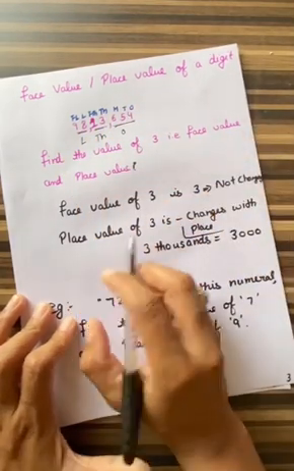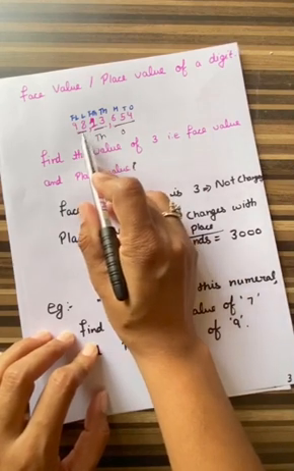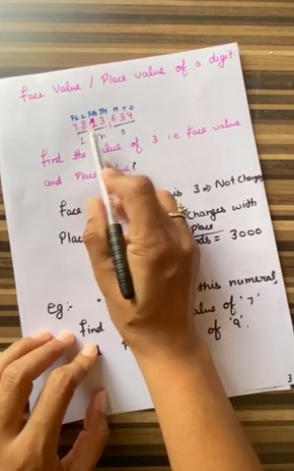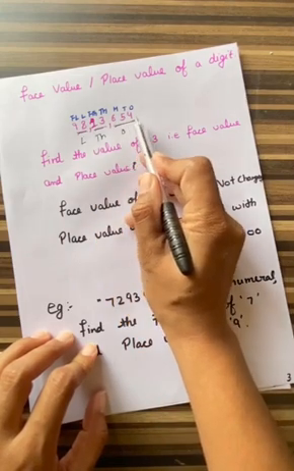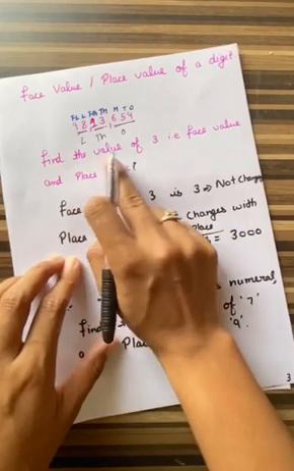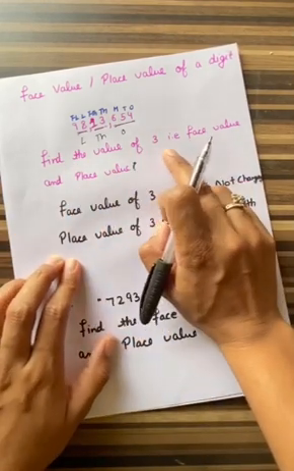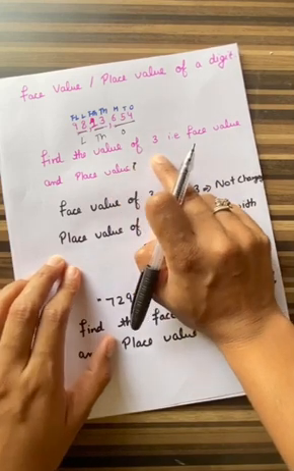The number is written in word form as 98,13,654. Suppose we have to find the face value and place value of the number 3.